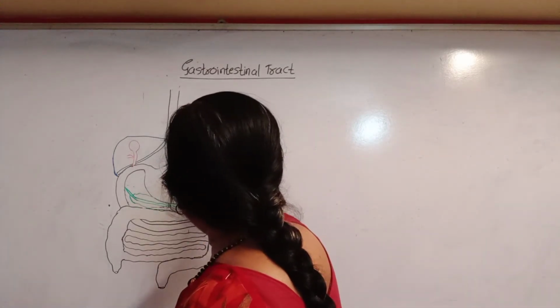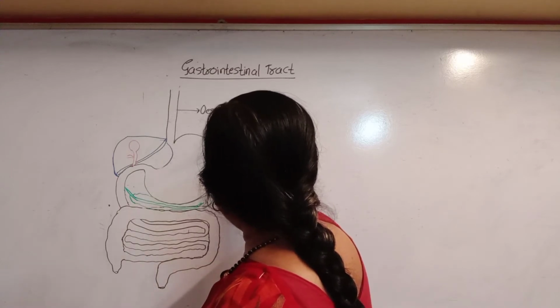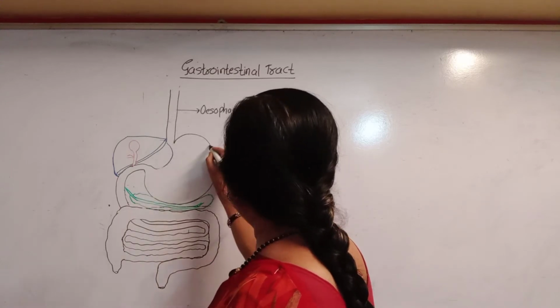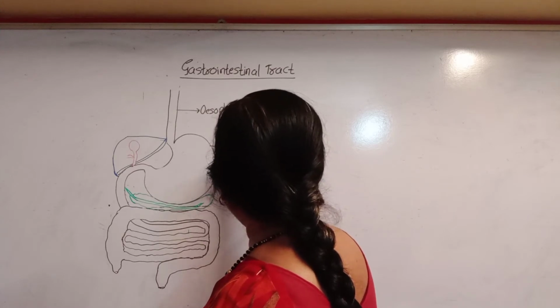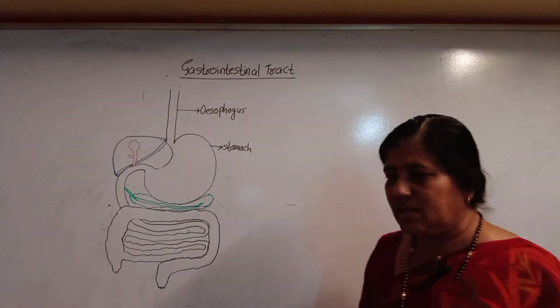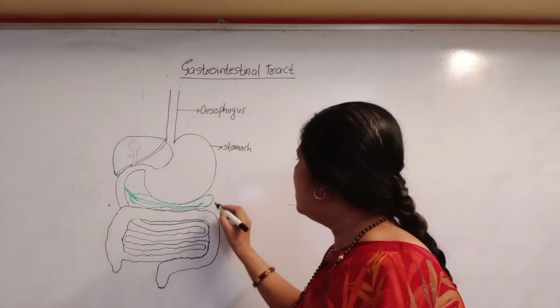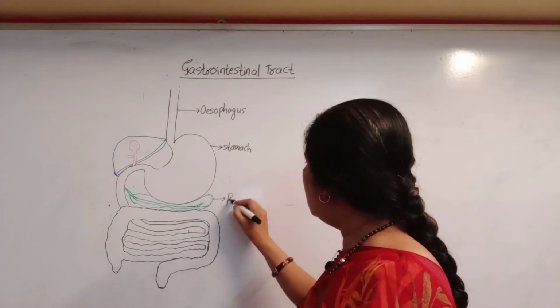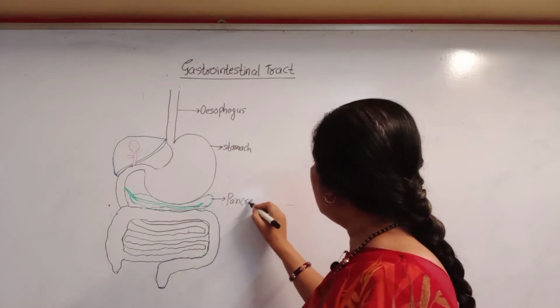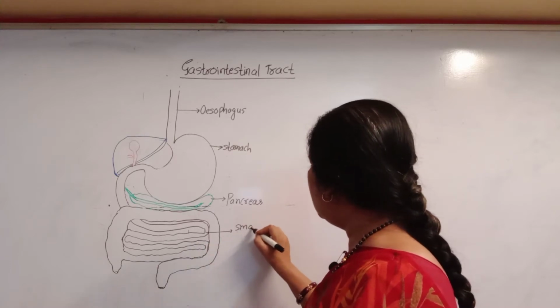This is the esophagus or food pipe. This is the stomach. The stomach consists of three parts, that is cardiac stomach, pyloric stomach and fundus. This is the pancreas. This is the small intestine.